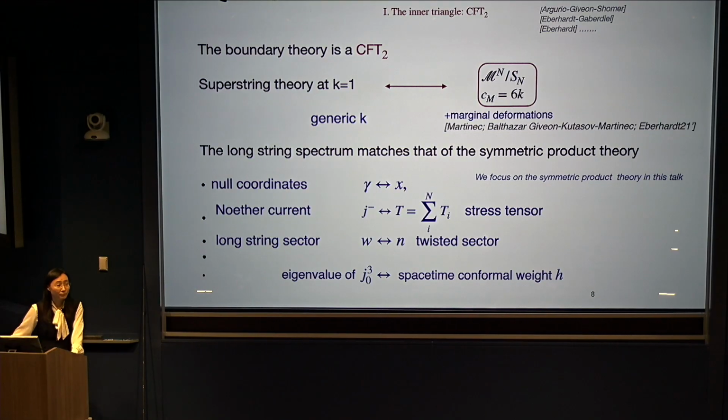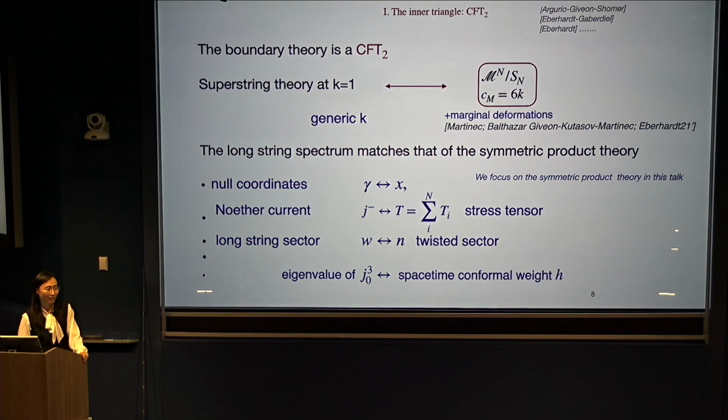Yeah, the reason I'm asking is that you pronounce the word symmetric product, but I guess it's for k greater than 1, so what exactly do you mean by that? It's the symmetric product of this linear dilaton times T4.